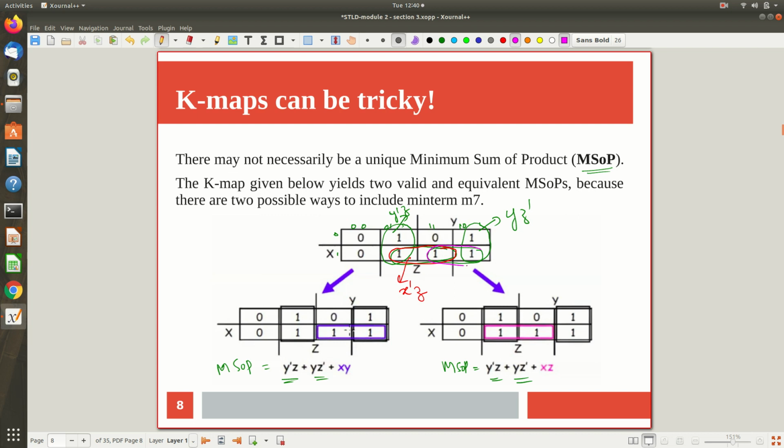The corresponding term will be x as it is and y is there, instead of z. Sorry, it is x only, fine, because I forgot the labeling 0 1, right? So it is not x dash, fine.